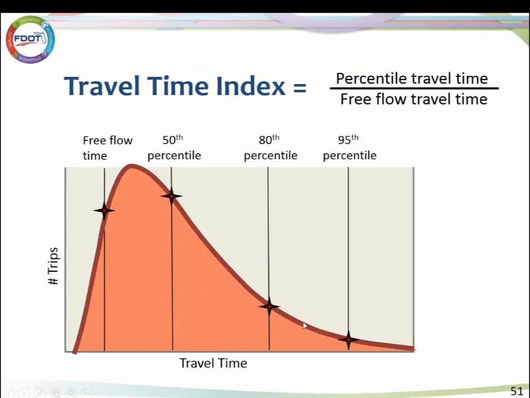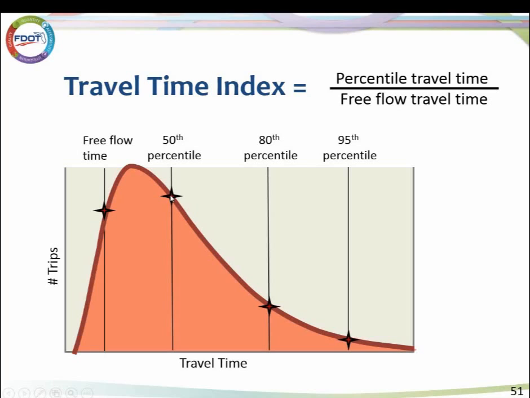The way to express this travel time variability has been primarily through a travel time index. And the suggestion here is that in general these relate the free flow travel time and the travel time that is actually experienced. So on that smooth curve, we have a free flow travel time of this much.